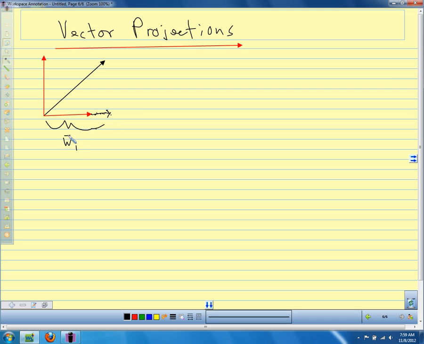So this is vector W1, and this is vector W2, and this is vector U. So we write that U is W1 plus W2.